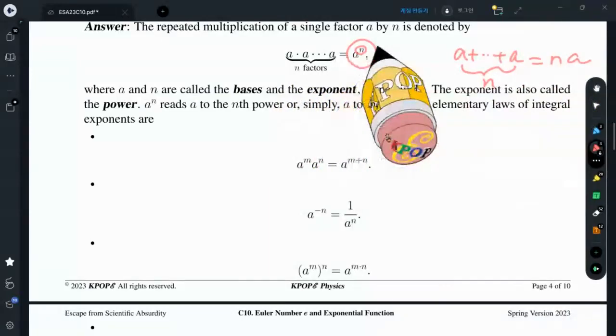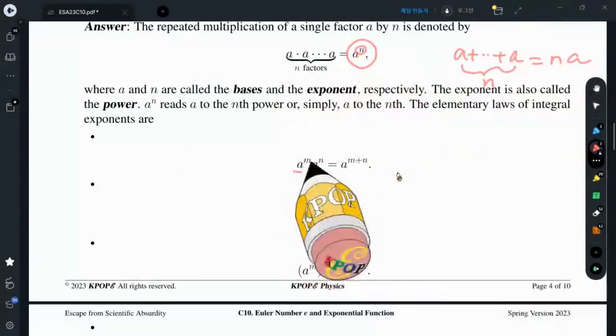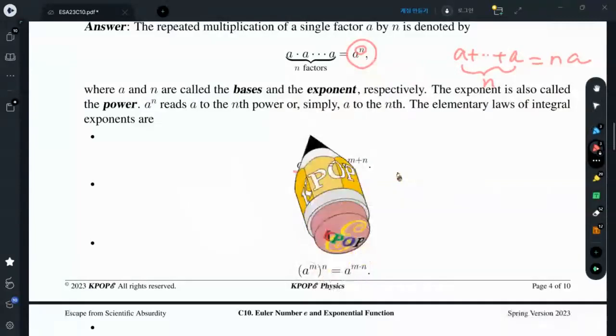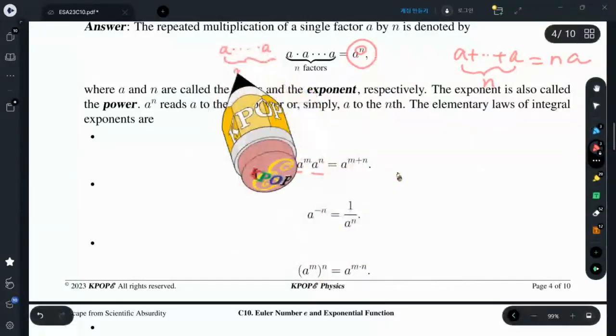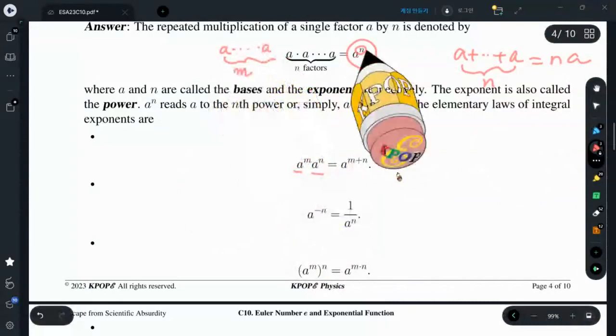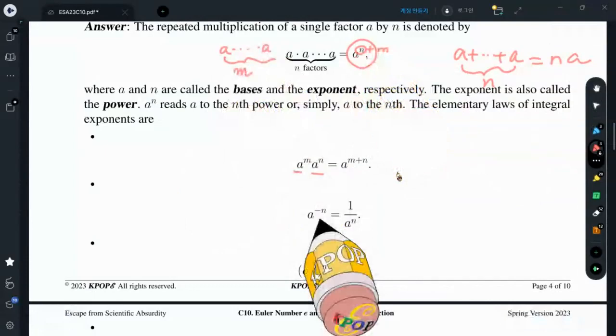Okay, so if we have a product, then we have a law of exponent. If the number of factors is m and n, then the result is a to the m plus n. So trivial. And we know the reciprocal.